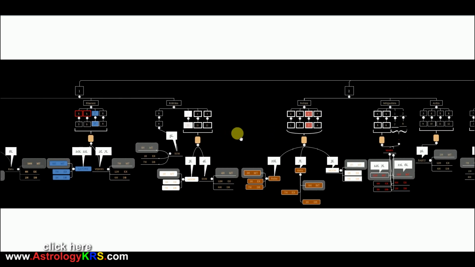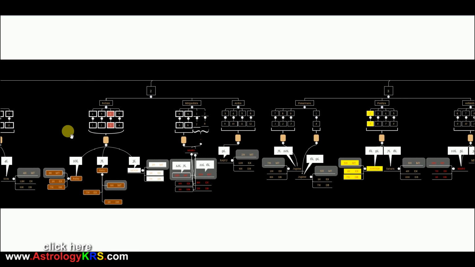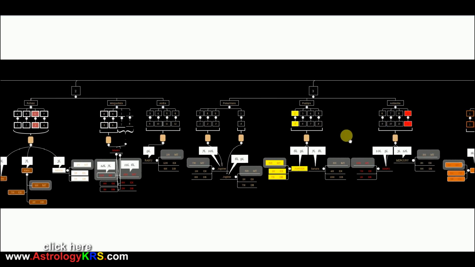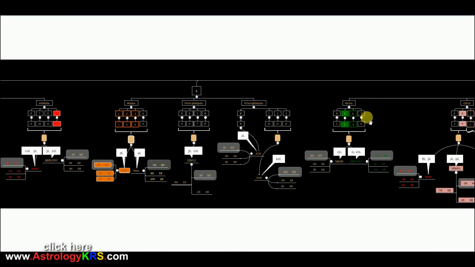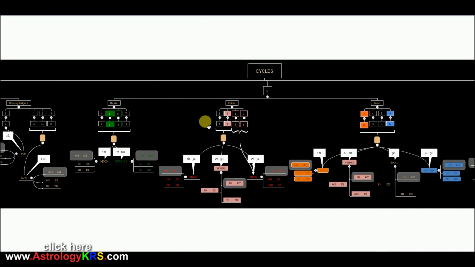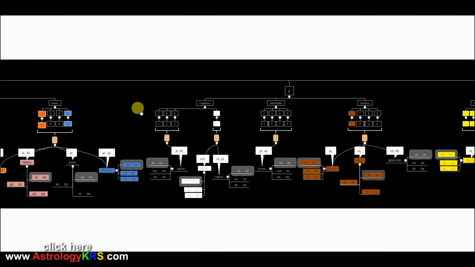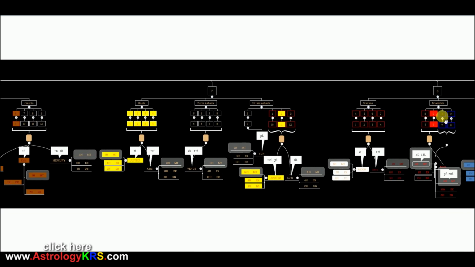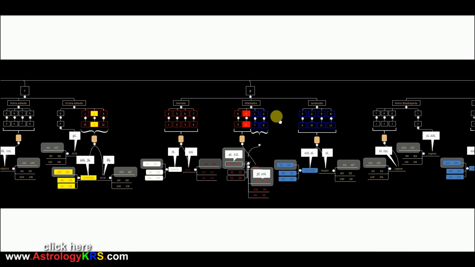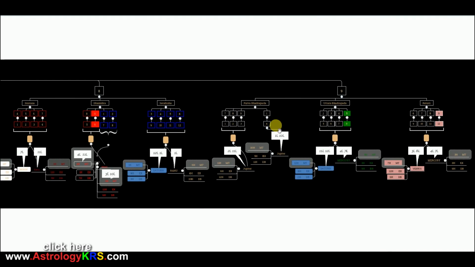So I'm going to go where you can see cycle 2. This is cycle 2, cycle 3, cycle 4, cycle 5, cycle 6, cycle 7, cycle 8, and cycle 9.